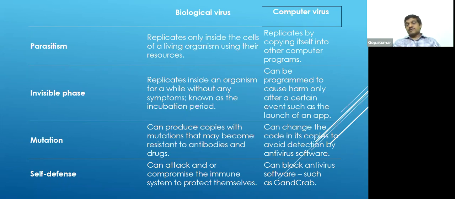And what about mutation? You might have heard that the coronavirus is mutating very quickly. The one found in Wuhan is different from the one in the US, Italy, or India, so the mutation rate is different, and it can produce copies with mutations. What is a mutation? Mutation means a change in the nucleotides, A, C, G, U, in the RNA genome in the case of this coronavirus.